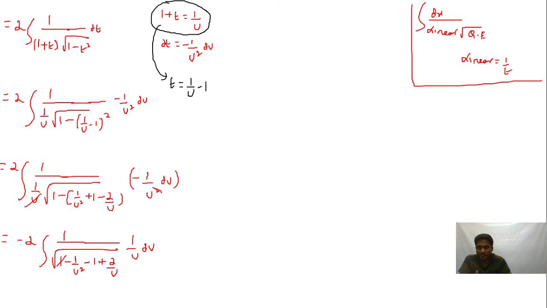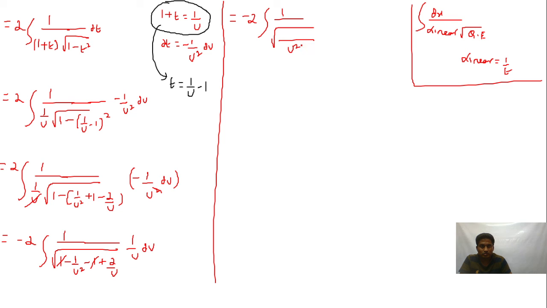Anyways, this will get cancelled. So this becomes minus 2 integration of 1 divided by root of, okay, I take the LCM as u square. So this becomes, if I take the LCM as u square, this is 2u minus 1.